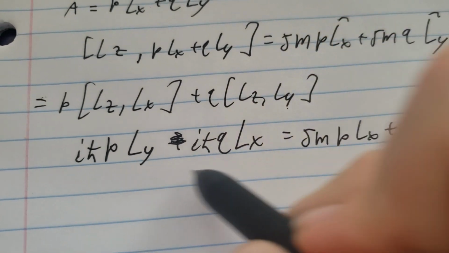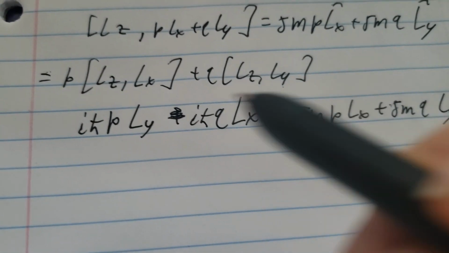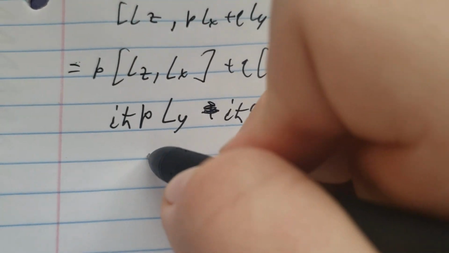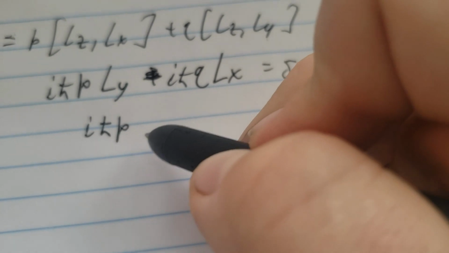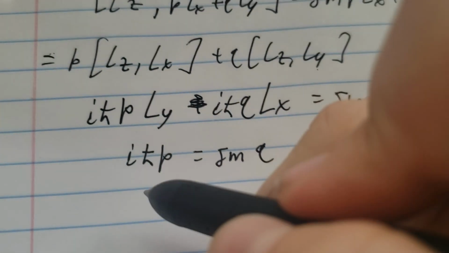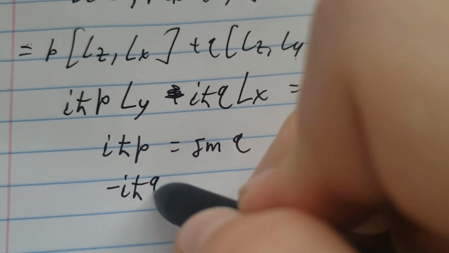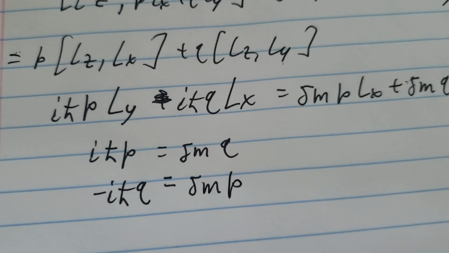Now we're going to equate the Lx and the Ly terms. And that means that i h bar p must equal delta m times q, and negative i h bar q equals delta m times p.